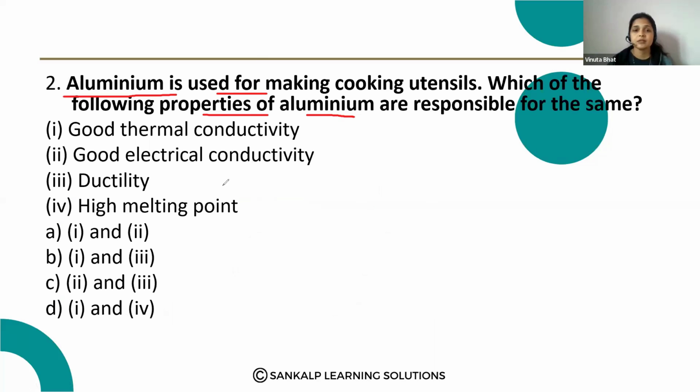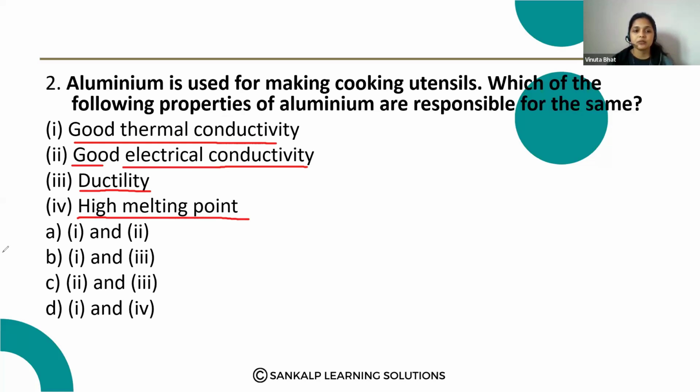Why is aluminium used as a utensil to cook? Option 1, good thermal conductivity. 2, good electrical conductivity. 3, ductility. 4, high melting point.